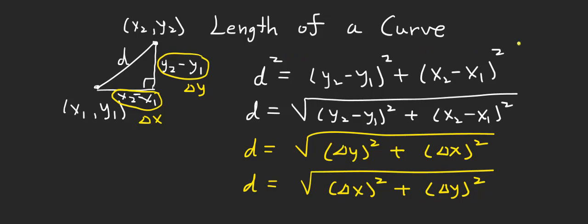of a curve. So let's say you have a smooth curve. How would you find the length of this smooth curve? The idea behind it is we're going to break it into small segments, so many segments that it's like going to infinity.